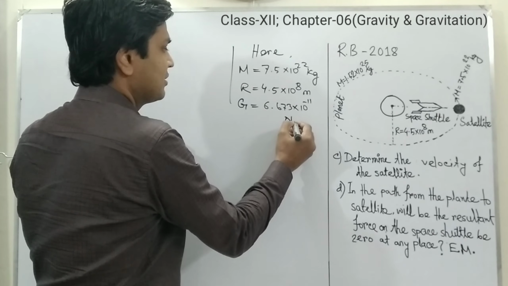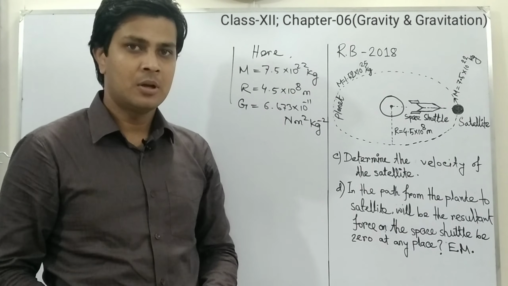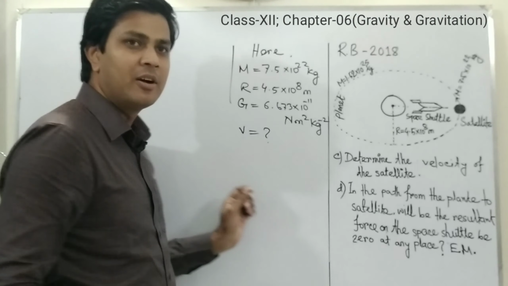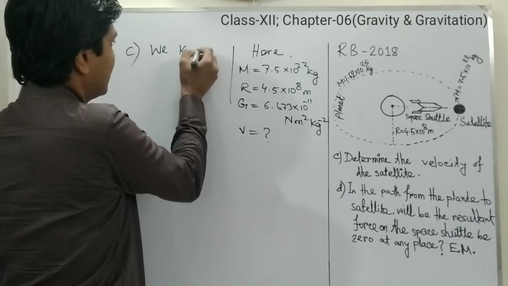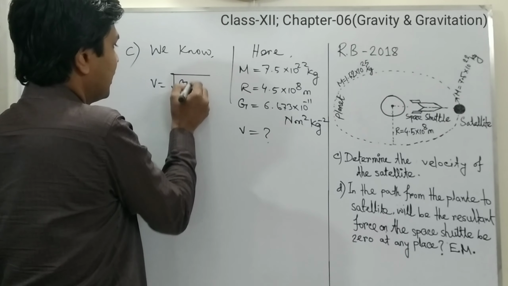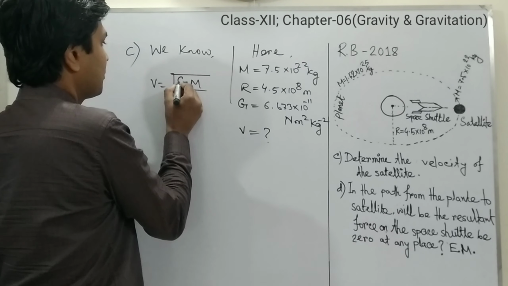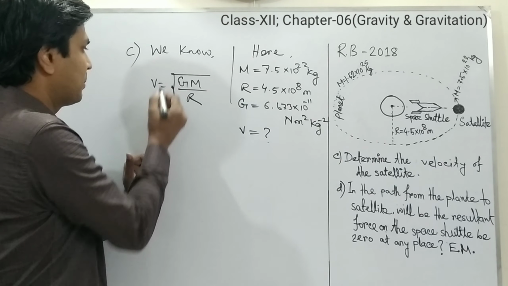The unit is Newton meter square per kg square, and we have to calculate the velocity V. We know the formula is V equal to root over GM divided by R.